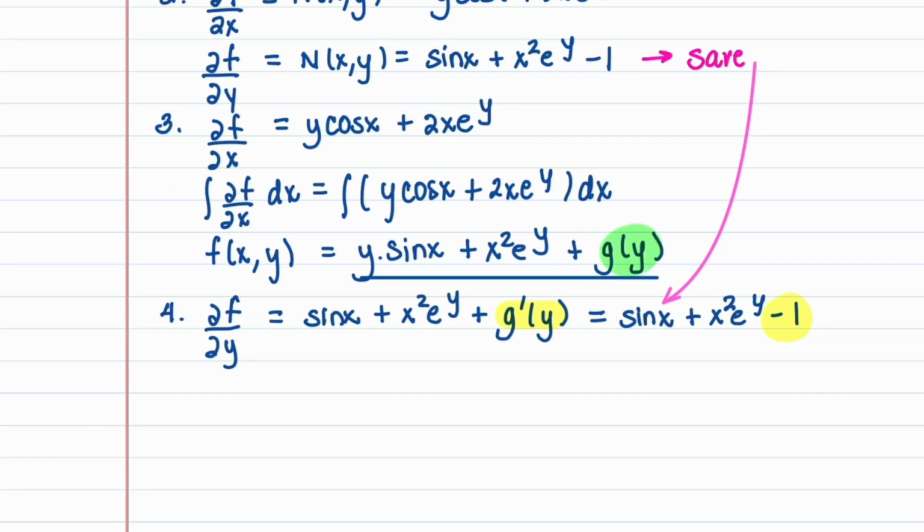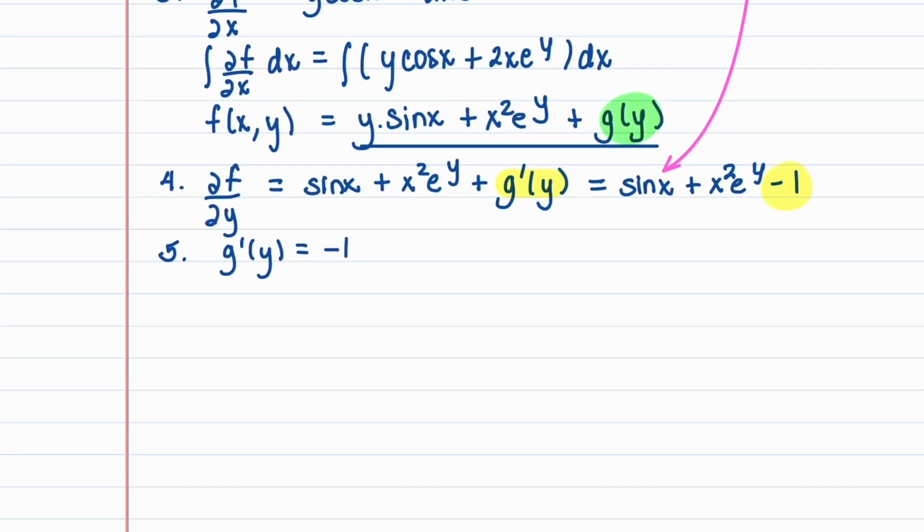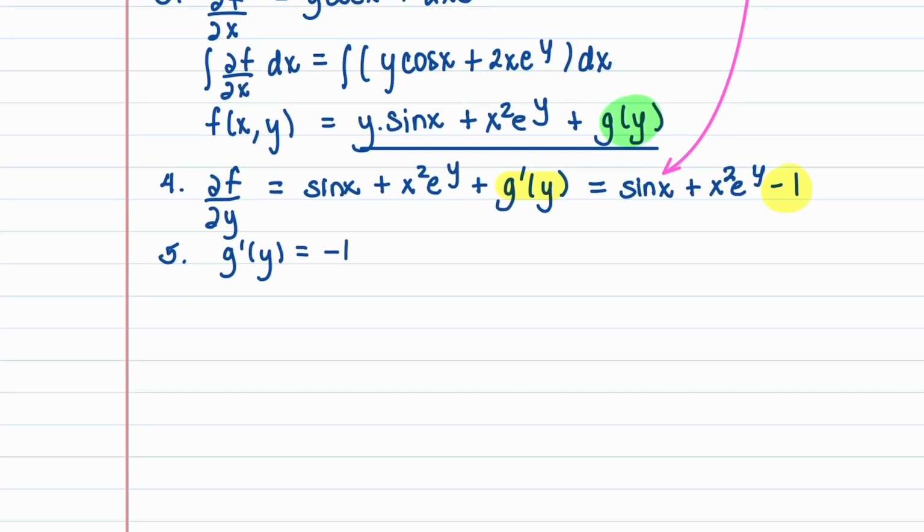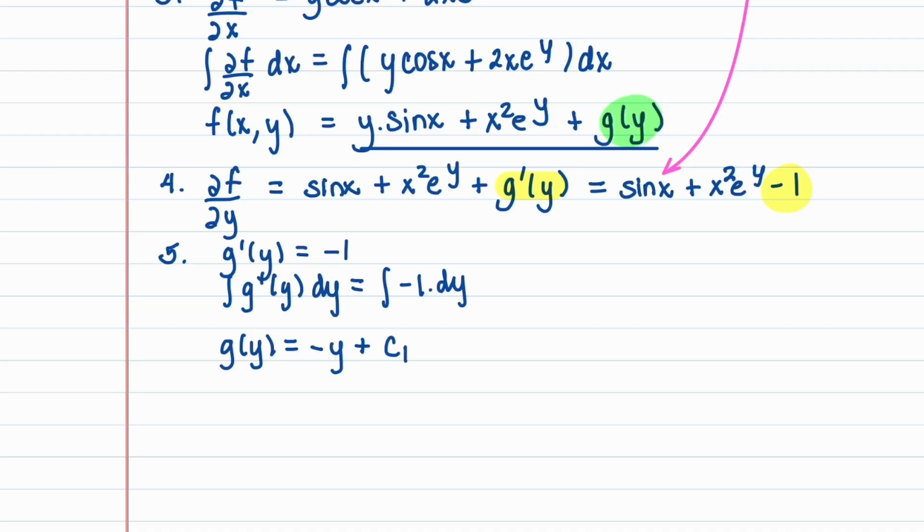In step 5, we are going to find g of y. So let's write down g prime of y is equal to minus 1. To find g of y, we are going to integrate both sides of this equation with respect to y. On the left, we get g of y, and then on the right, we get minus y plus an arbitrary constant that we'll call c1.